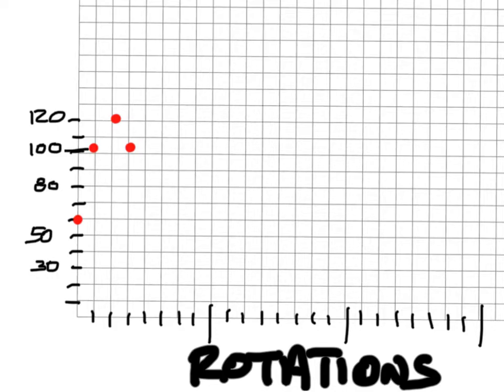Alright, so we'll do that. And then in the next car position, what is it? 60. Next car position? Okay, so that'd be approximately there. And then what is the next car position? 0. And the next car position? Okay, and then we're back to where we started, which should be right there.